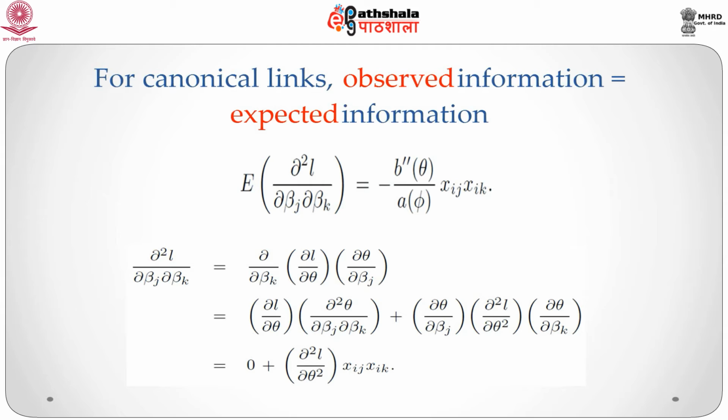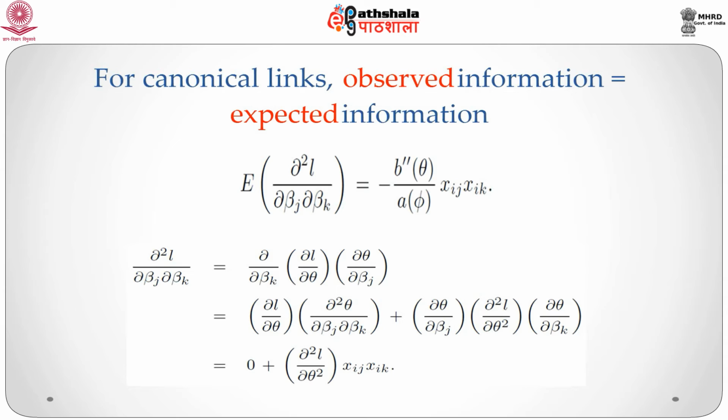Now, the expected information we have seen is given by the expectation of del square L del beta j del beta k equal to minus b double dash theta by a phi into xij xik. Considering the observed information, this can be written as del square L del beta j del beta k equal to del beta k of (del L del theta into del theta del beta j).